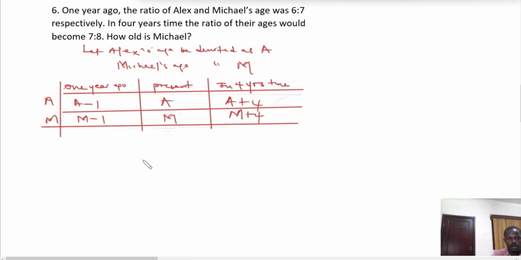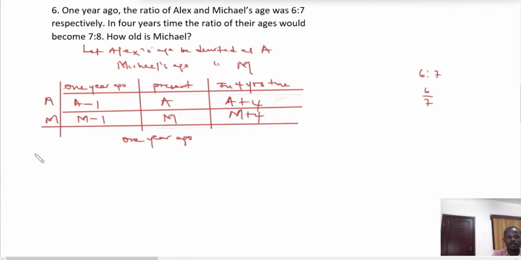So we're going to use now the statement to analyze this. Now 1 year ago, the ratio of Alex and Michael's age was 6:7. Since this involves a ratio, and ratio means division, 6:7 can be written as 6/7.